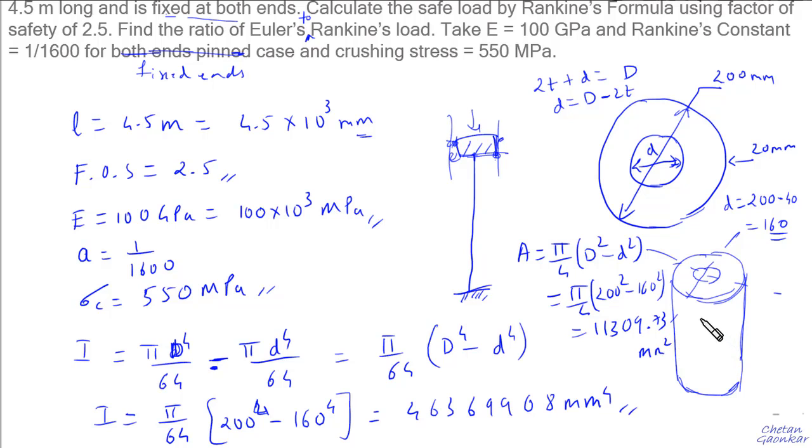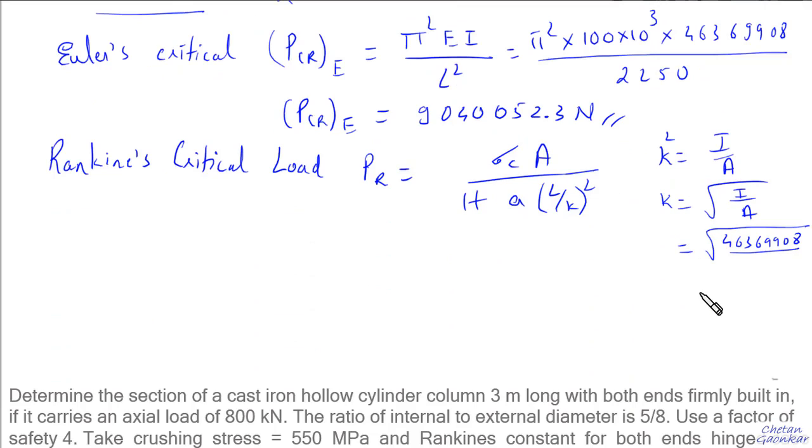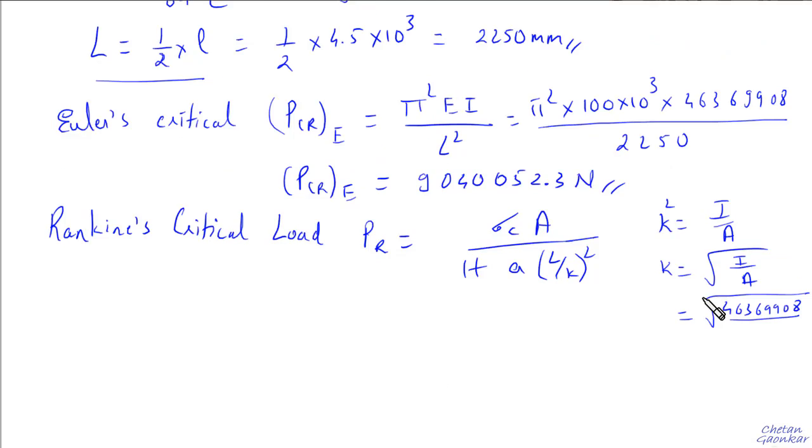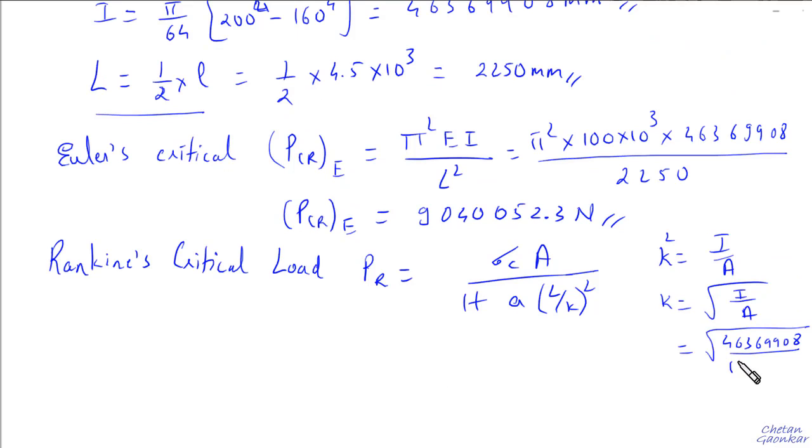Substituting it here, this K value will turn out to be 64.03 mm.